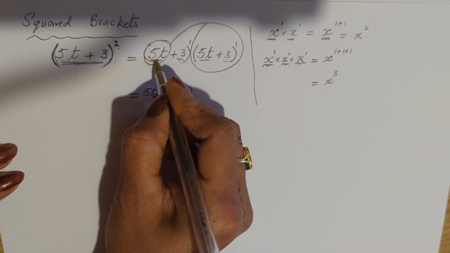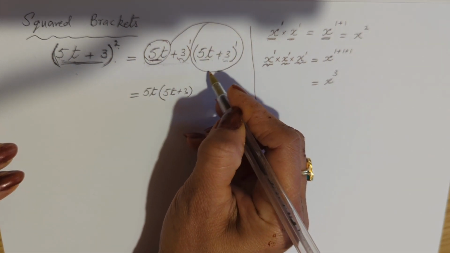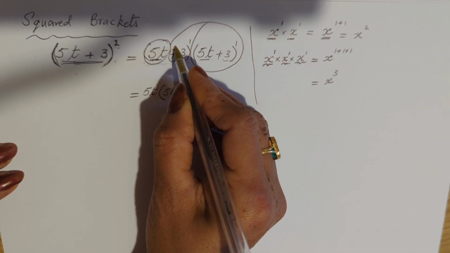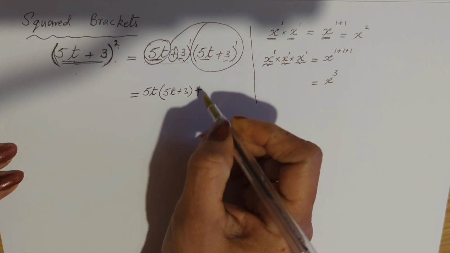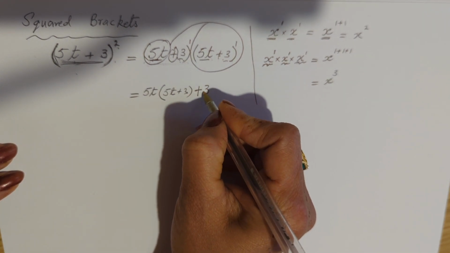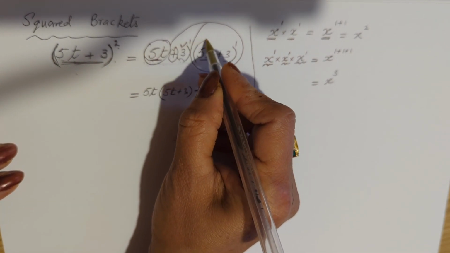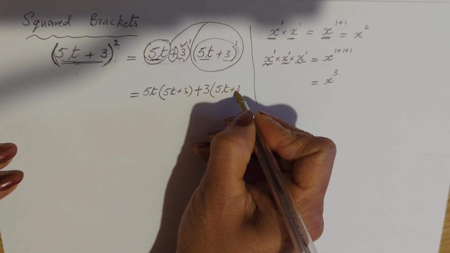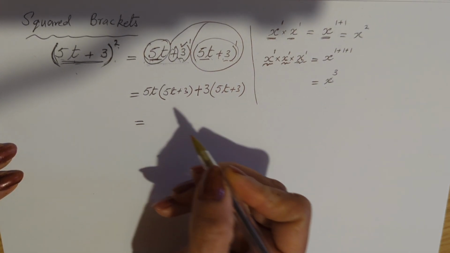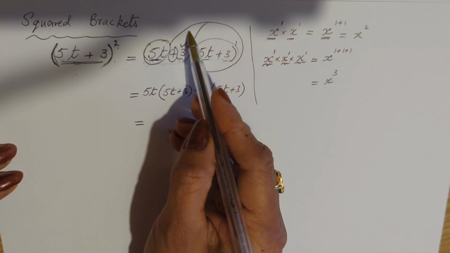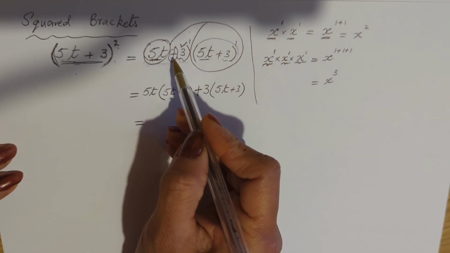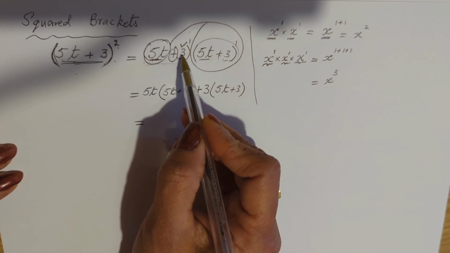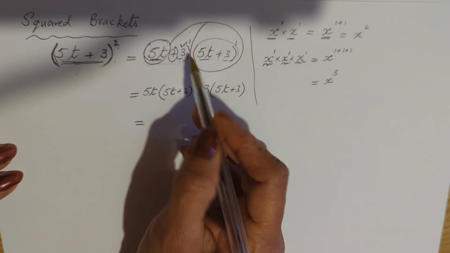So the first term we multiply by all of this, and then in between we have this plus sign, so I will write a plus sign here, and the second term is 3. This number 3 will multiply by this again, the whole of it, right? So 5t will multiply by the whole of this, between them we have the sign of plus, and the second term is 3, so the second term will multiply all of this.